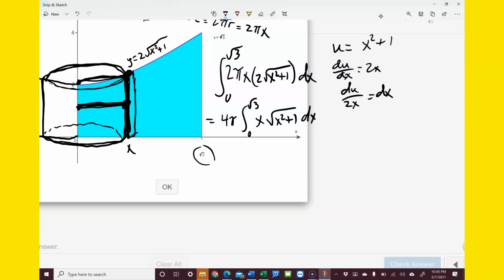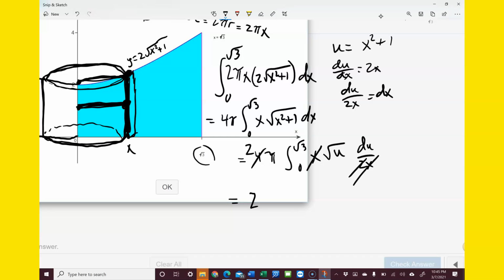So then this becomes 4 pi integral 0 to square root 3 of x square root u du over 2x. That x cancels with that x. That 2 reduces that 4 and makes it a 2.